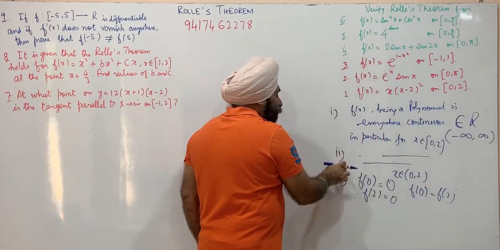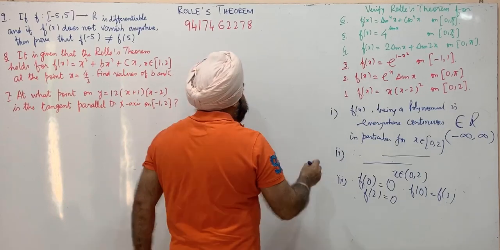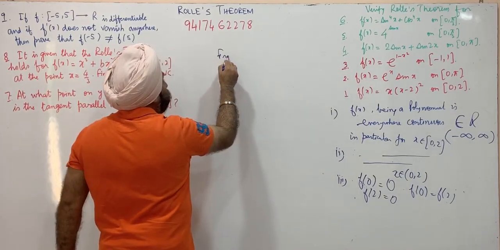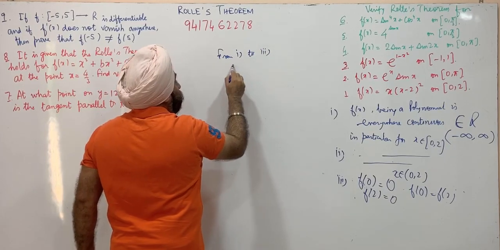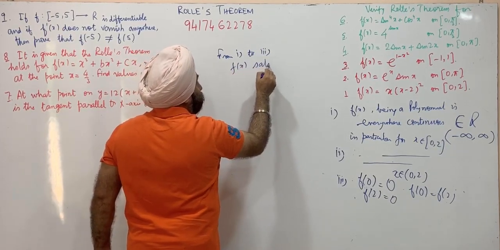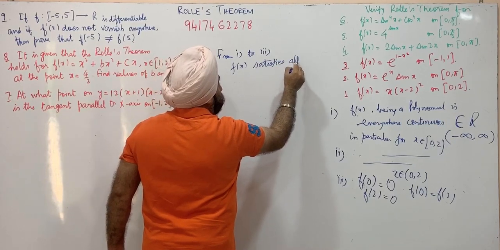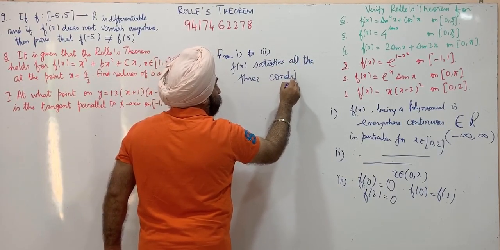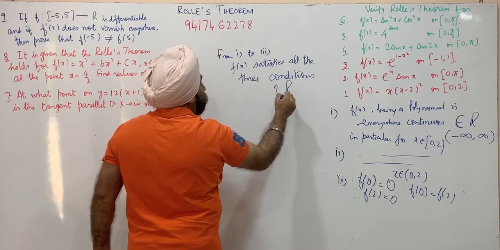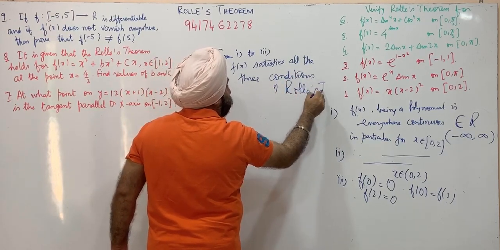So from 1, 2, 3 we can say f of x satisfies all the three conditions of Rolle's theorem.